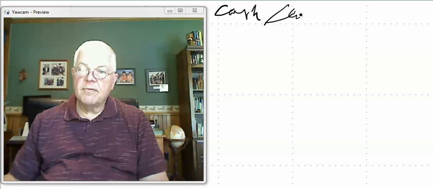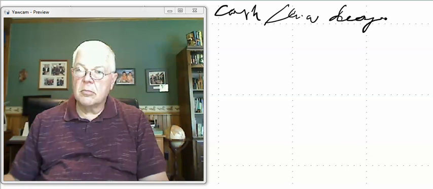Okay. Well, in all of this, we are going to try to keep track of what's going on. And so to keep track of what's going on, we are going to use cash flow diagrams.